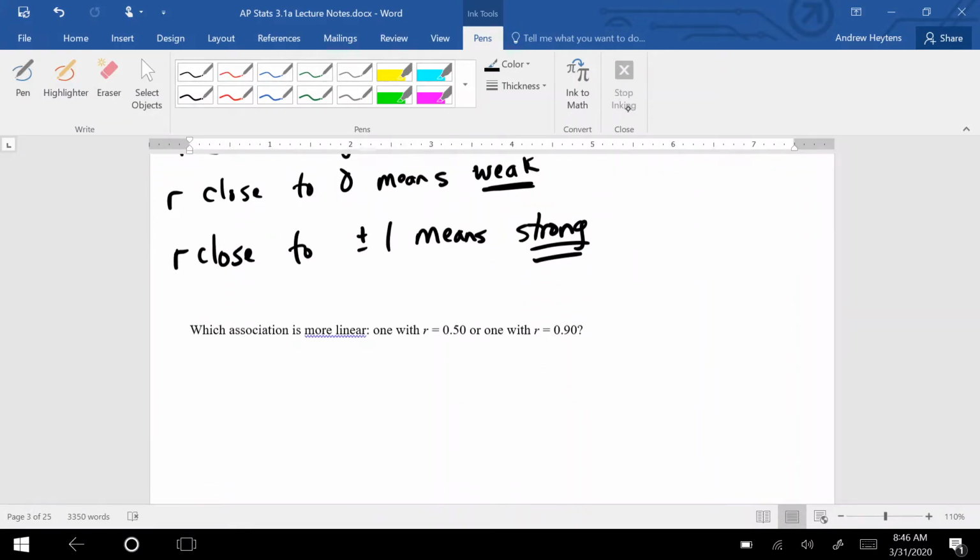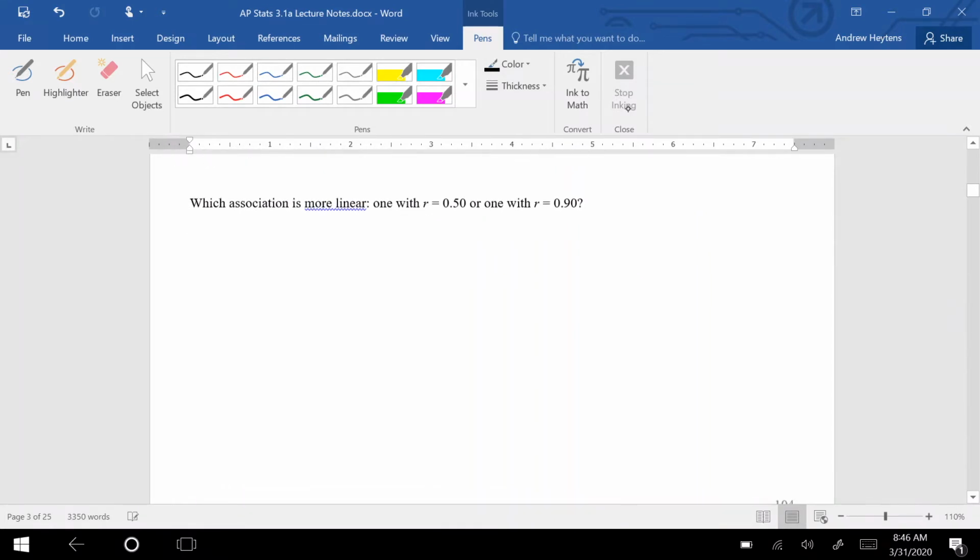All right, next, same page. Which association is more linear? One with r equals 0.5 or one with r equals 0.9? Now again, they're asking you for more linear. Linear has to do with form.